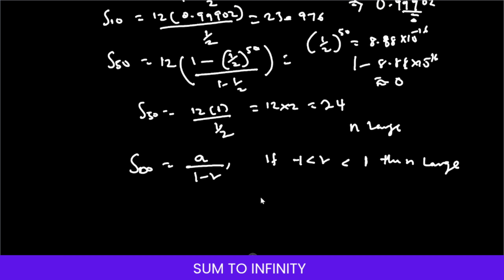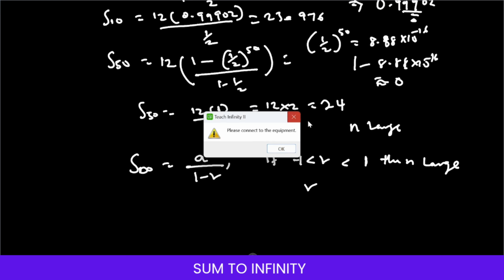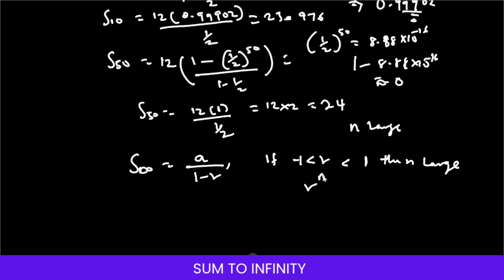So at that point we can say the sum to infinity is given by a all on 1 minus r, because almost all the time we are going to get r, which is a value less than 1, raised to the power of a very large number n, which will give us a number approximately 0. So 1 minus that approximate value of 0 will end up giving us 1. Of course, 1 multiplied by a will still give us a.